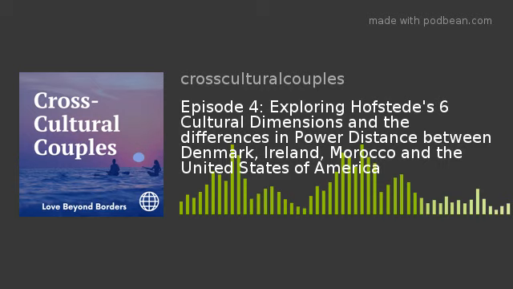He was a former IBM employee, and he created this 6D, so six-dimensional model of different dimensions of culture, and then he charts them out by country. So it gives you a great tool to really dig deep and see what's going on in your own country and then whatever your partner's country is too. It was originally created to help businesses who were expanding into new countries.